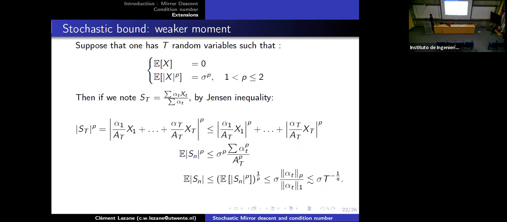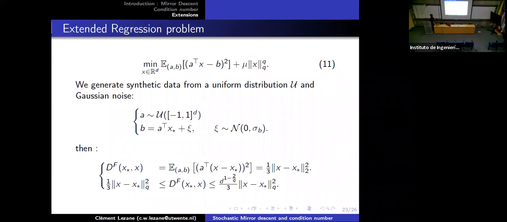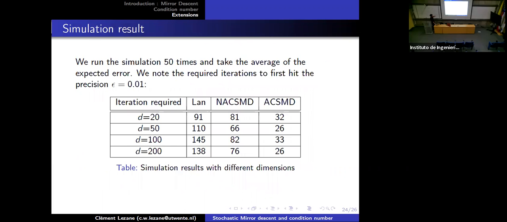So this is one example to show that if you have really weak moments assumption on your stochastic approximation, then you have to expect that your stochastic convergence rate will be really slow. And then you can do some fancy regression. You can extend the ridge regression to the LQ norm, with also something which is uniformly convex, like the regularizer, and then you can have similar results.